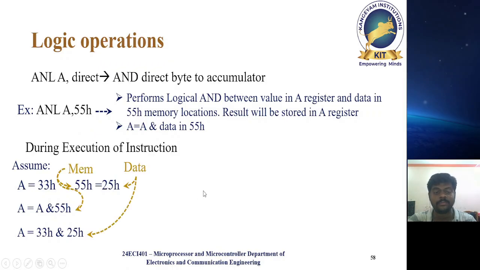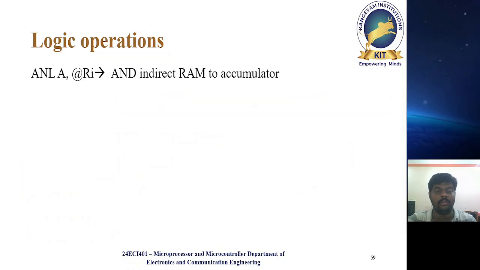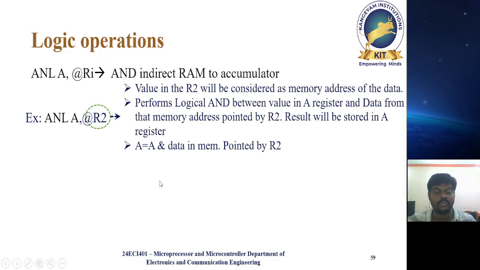Same, ANL A comma @R2, that means indirect addressing, which we have seen so many times. I am not going to explain deep into that. The data in A and the data in the memory location pointed by R2 will be ANDed.